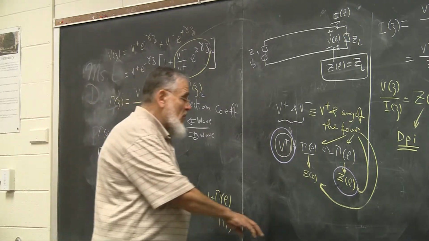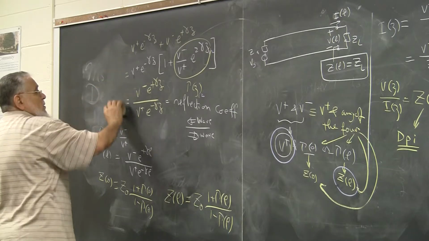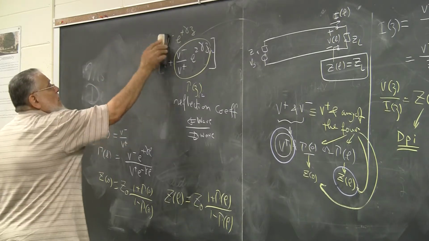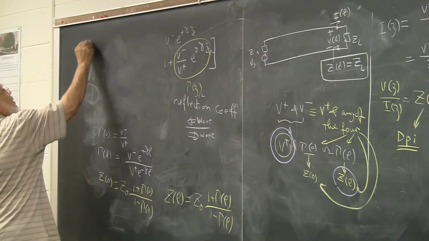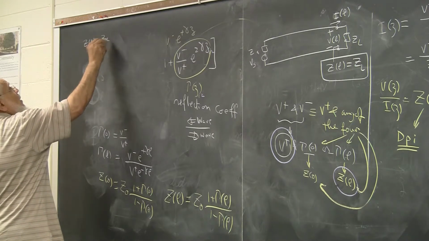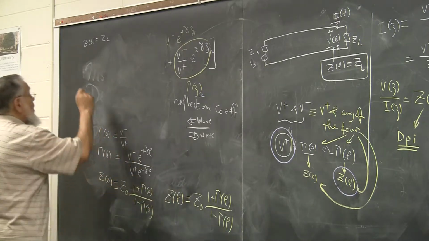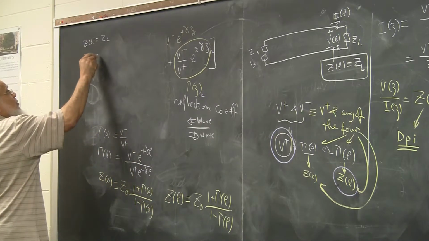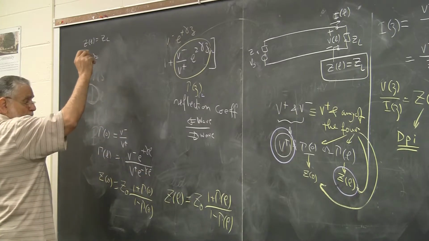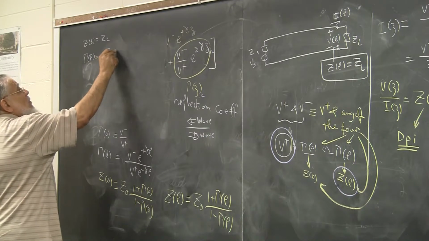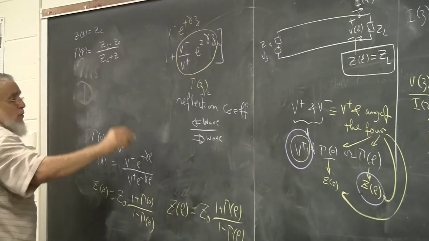So we can summarize that on the side here. So ZL, and then gamma of L would be what, based on this one here? It is equal to ZL minus Z naught divided by ZL plus Z naught. That's what you do if you reduce this.